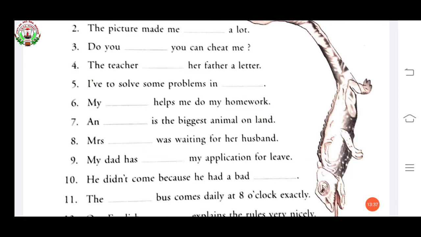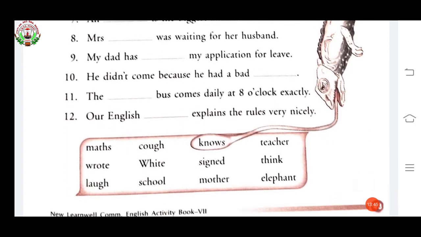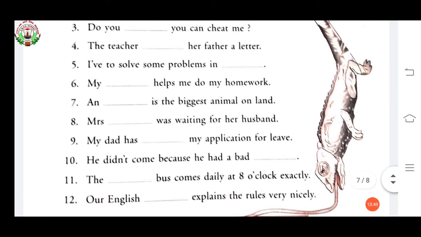Mrs. Dash was waiting for her husband, Mrs. White. Here you can see White is written with a capital W, so it's the name of a lady. Okay. So Mrs. White was waiting for her husband. My dad has dashed my application for leave. My dad has signed my application for leave.